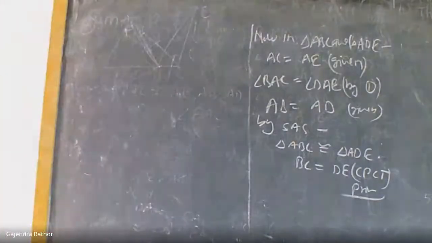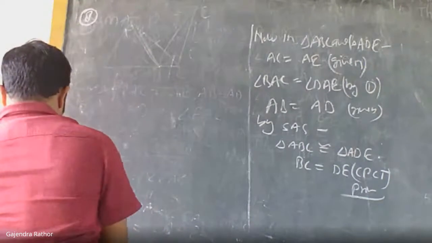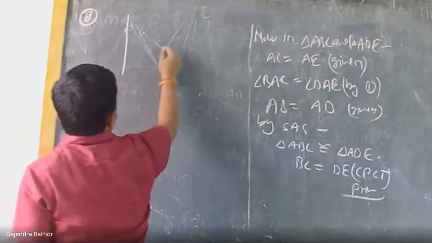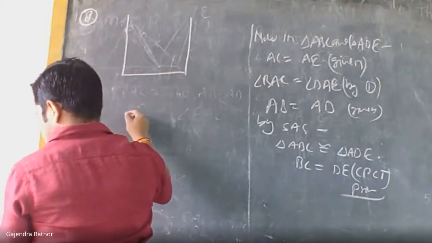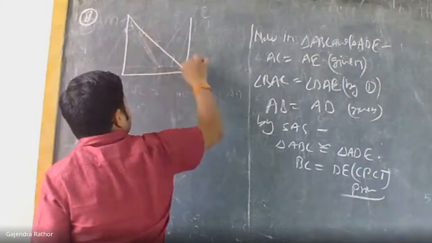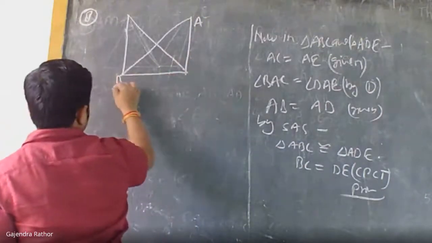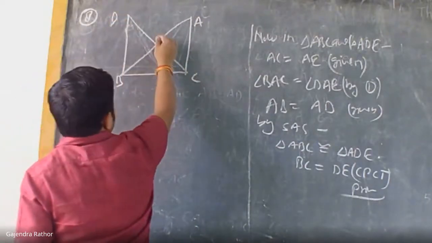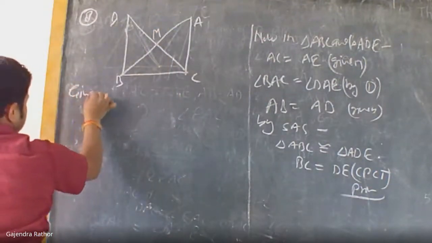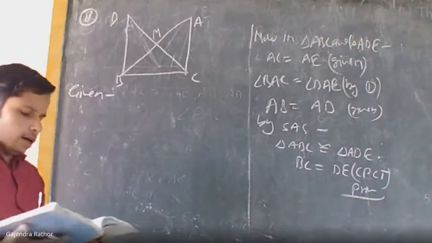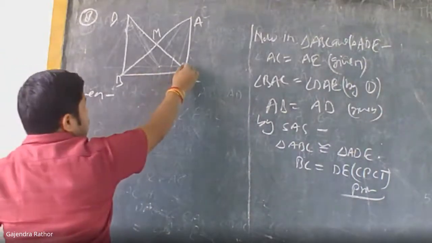Question number 8. This point is A, this B, this C, and this D, and the intersecting point is M. First, given in a right triangle ABC, right angle at C. So C is the right angle.